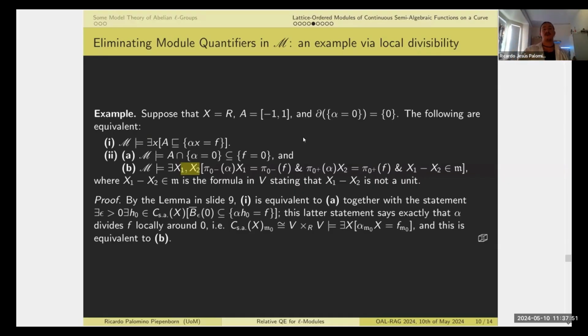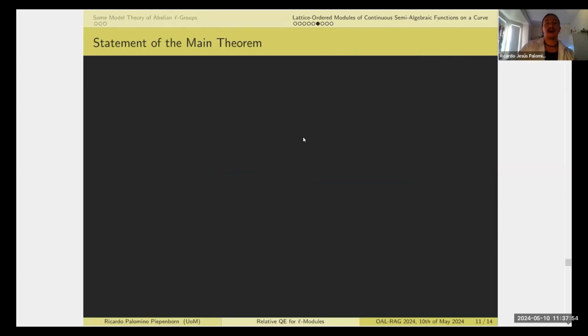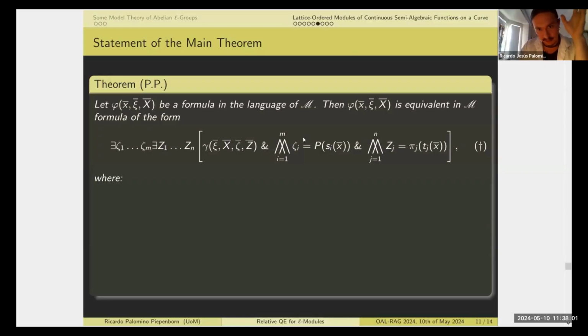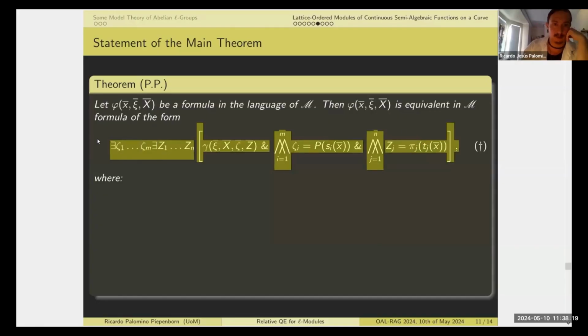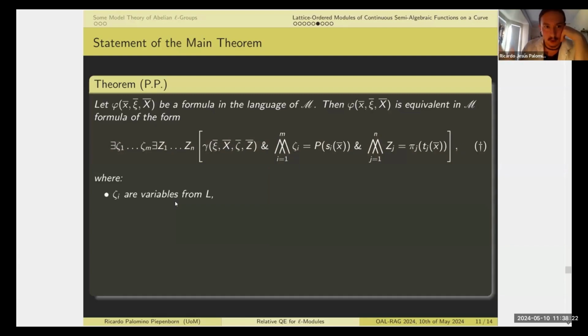So let me now go through the main theorem, which is essentially an analogous theorem to that of Shen and Weispfenning, but for this particular three-sorted structure. The theorem is maybe not easy to parse, so I will state it and then say what morally it is saying. We have a formula in the language of this three-sorted structure. Then the formula is equivalent in this three-sorted structure to a formula of this horrible form, where you have some block of existential quantifiers over the space or lattice sort.